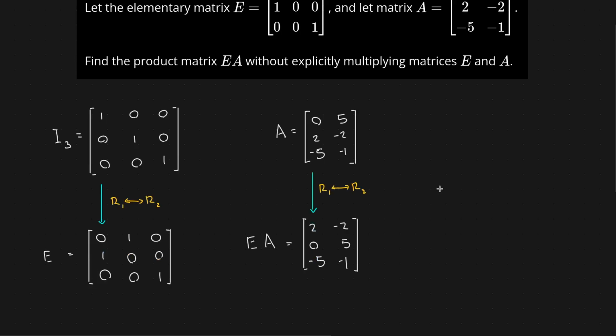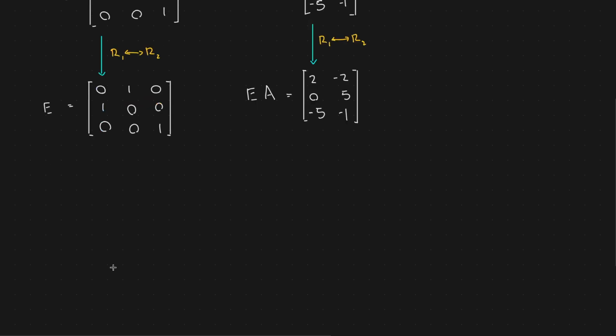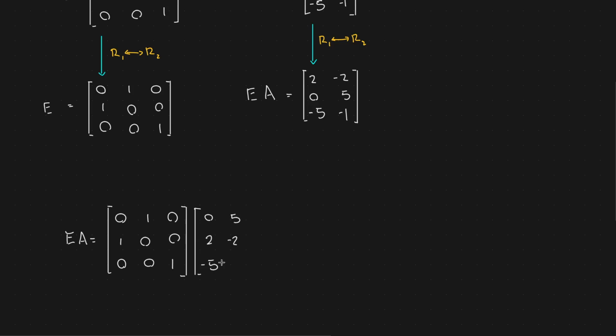Okay, let's confirm that actually. Let's actually do it. It says not to multiply them explicitly, but let's do it just to check our work. 0, 1, 0, 1, 0, 0, 0, 0, 1 is my elementary matrix E. Matrix A is 0, 5, 2, negative 2, negative 5, negative 1.